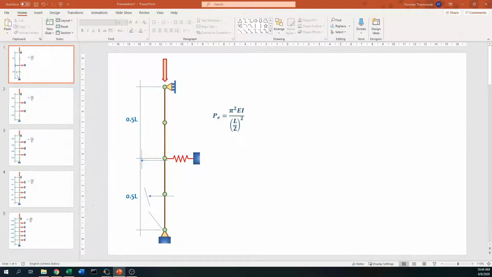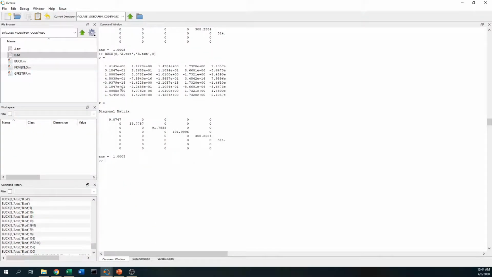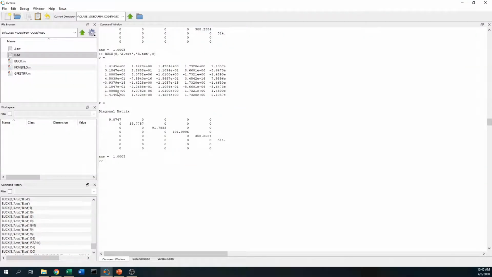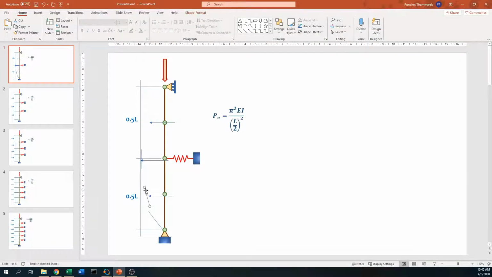And then you go to the next point. After this one, this is the displacement, which is identical to this one. Alright, 3.18 to the minus 1. Same displacement as this guy. It is symmetry. And then how about the rotation? Minus 1. This is symmetrical to this one. So it is changing to the opposite side, but of the same magnitude.